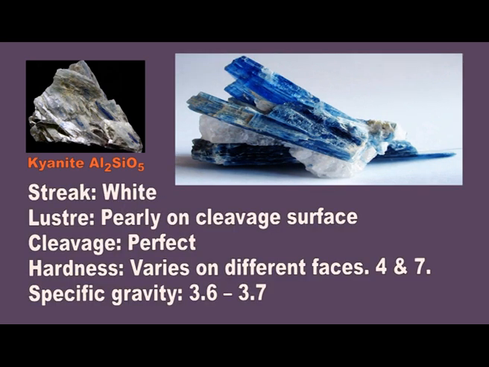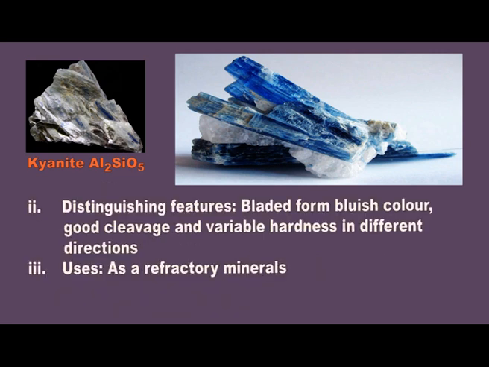Streak white, lustre pearly on cleavage surface. Cleavage perfect. Hardness varies on different faces, 4 to 7. Specific gravity 3.6 to 3.7. Distinguishing features: bladed form, bluish color, good cleavage and variable hardness in different directions.